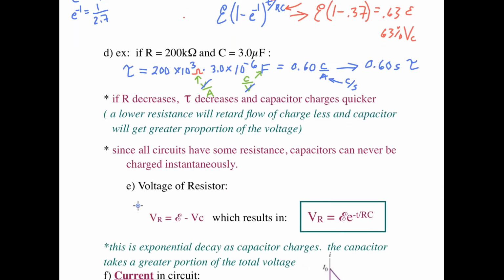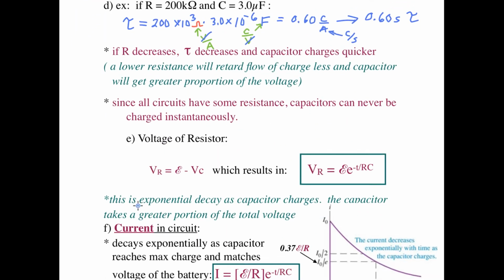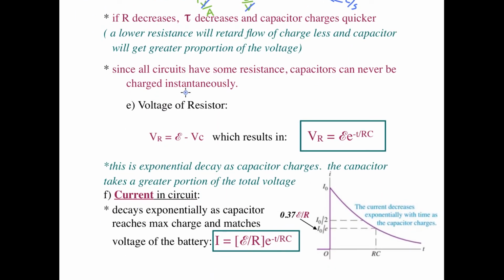Now, since all circuits have some resistance, a capacitor can never fully get charged, and it can't be charged instantaneously, because there is always this time constant.